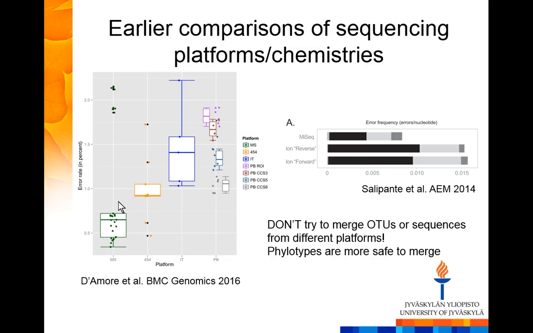If you really need to compare data from different sequencing platforms or sequencing chemistries, it's better to turn those into relative abundances of genera or families, and then it's much safer to compare. But don't try to merge OTUs or sequences. Actually, don't try to merge them even between MiSeq and HiSeq.